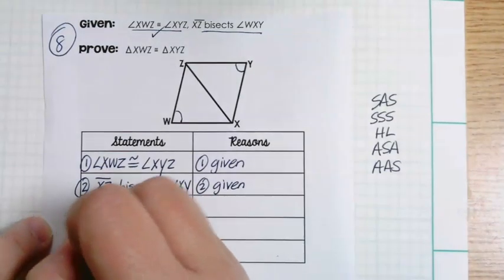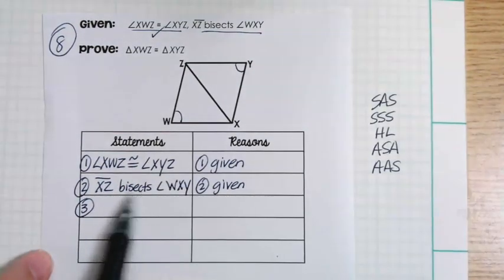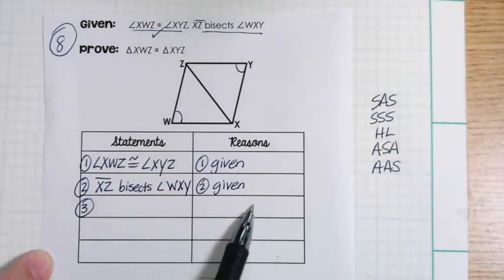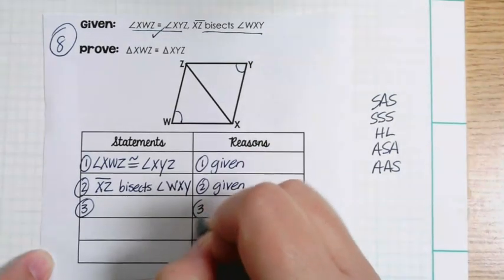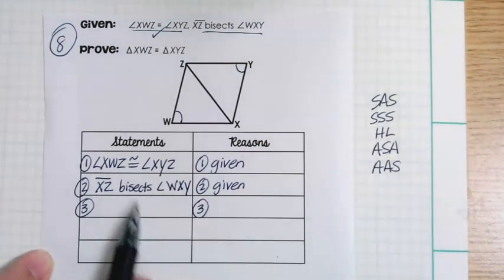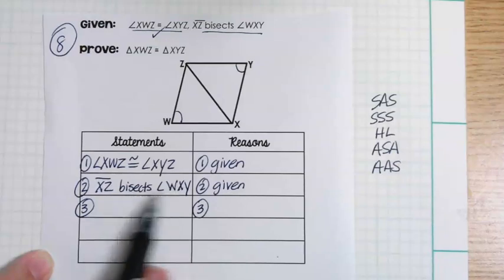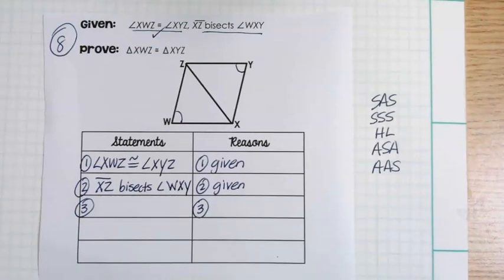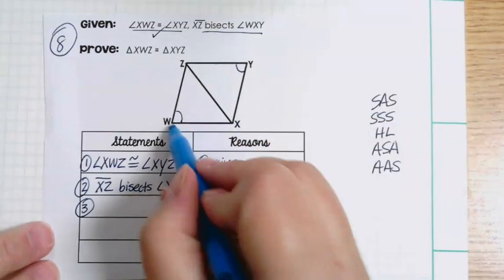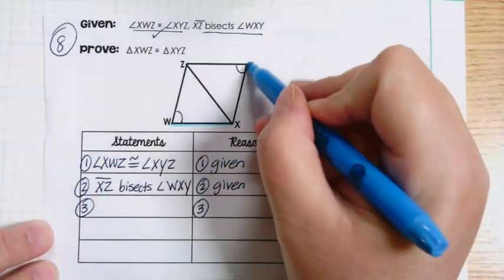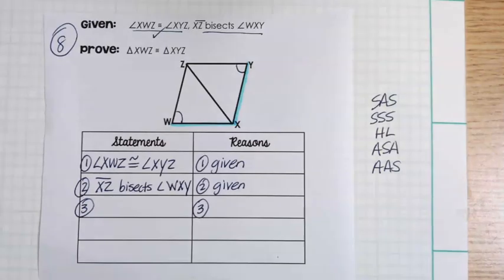2 things I know here. One is if I use a geometry vocab word like that as a given, there's going to be a statement after it. There's going to be another step where I sort of explain what that means for my 2 triangles. Okay, and for bisecting, if it's an angle being bisected, and let's trace that angle, WXY, when an angle is chopped in half, it gives you 2 smaller angles.